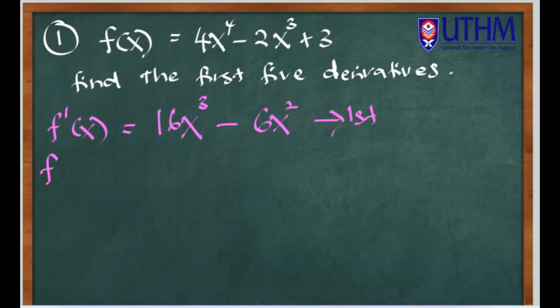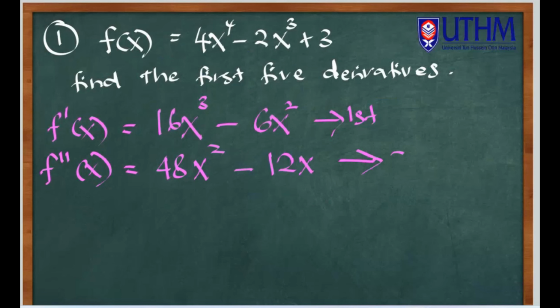How about the second? To find the second derivative, we differentiate our first derivative again, and we get 48x squared minus 12x. Therefore, this is the second derivative.